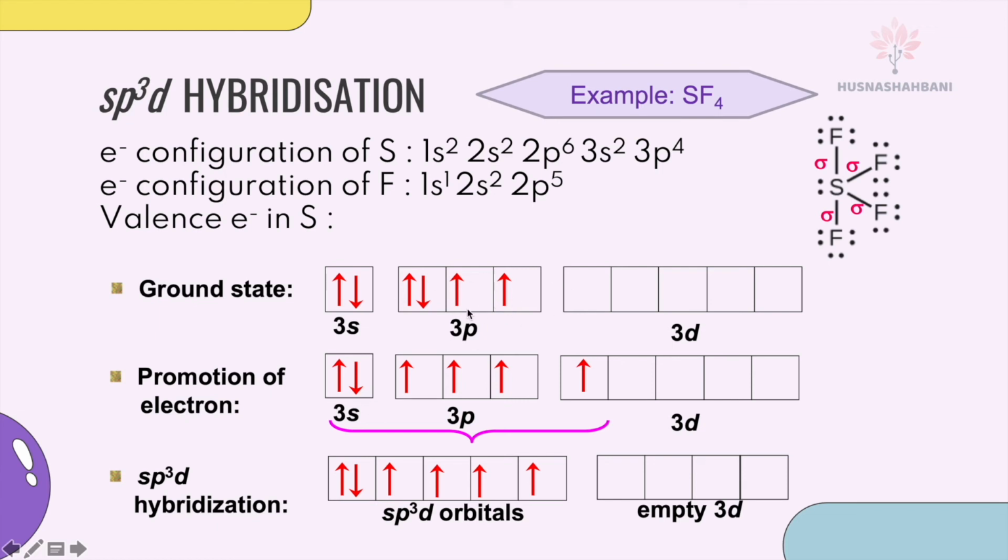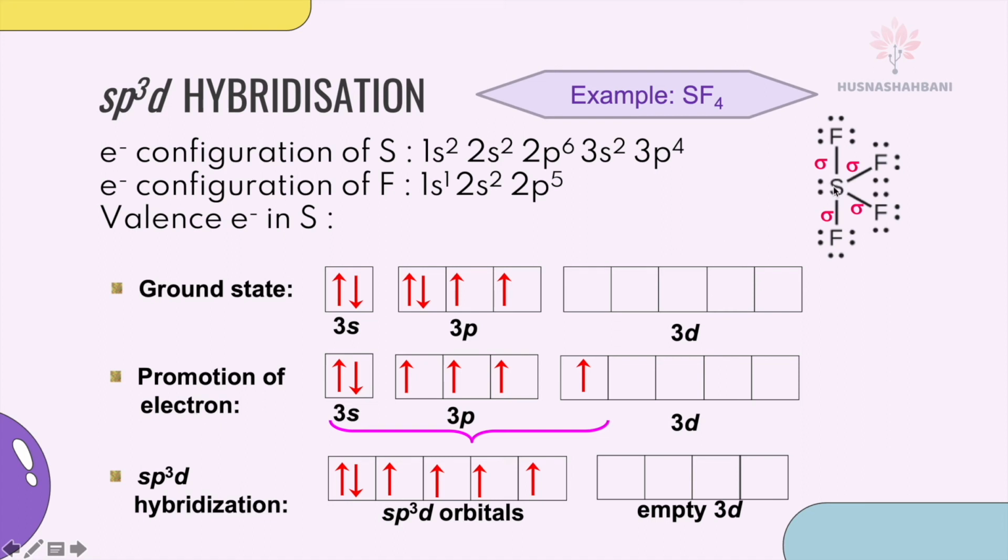Make sure to fill singly first before pairing up. And for promotion of electron, look at how many sigma bonds S has. This S has 4 sigma bonds, or 4 single bonds, so this central atom needs 4 unpaired electrons. That's how you draw the electrons in promotion of electron.